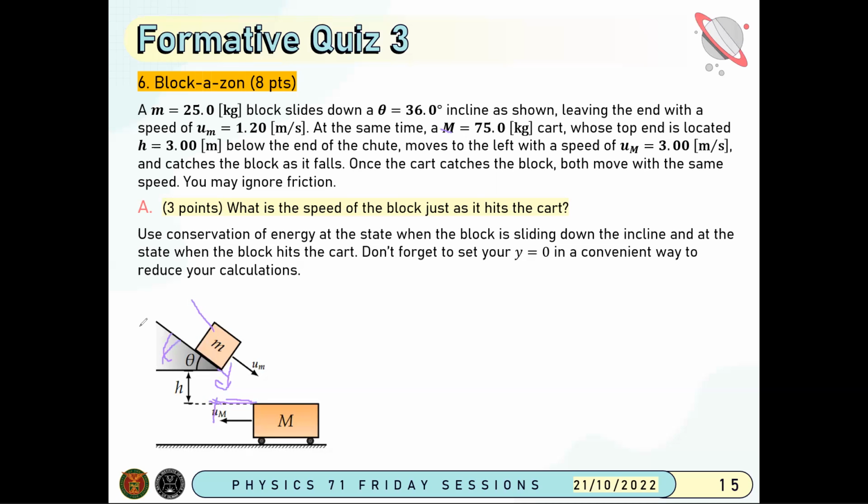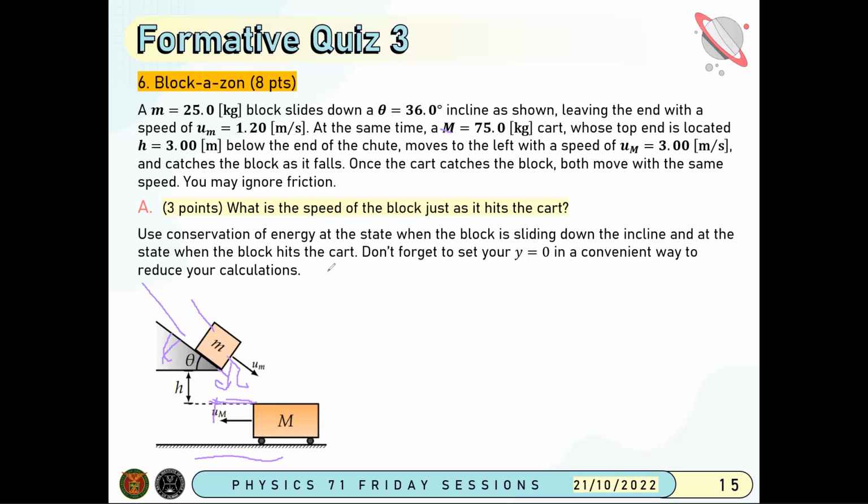Para kang may collision and nag-stick together sila. Okay. So here we ignore friction for all cases. So we ignore friction sa incline and we ignore the friction here. And we also ignore the friction between them. So we ignore friction in all cases.